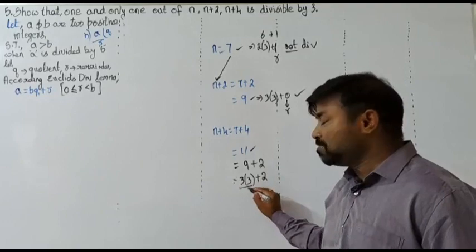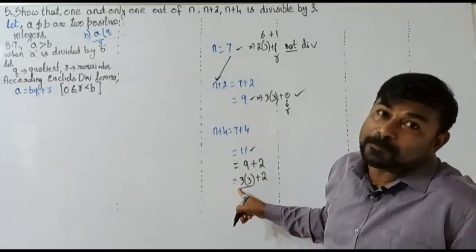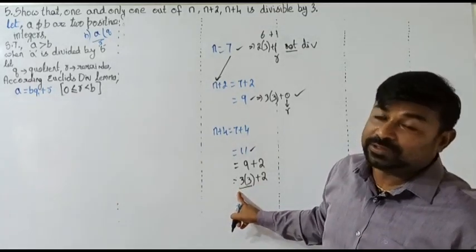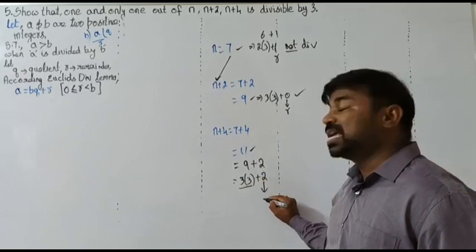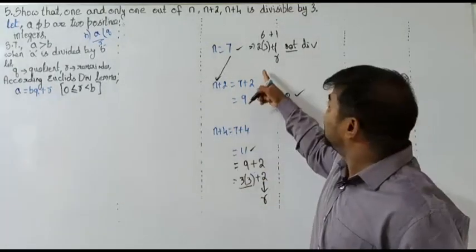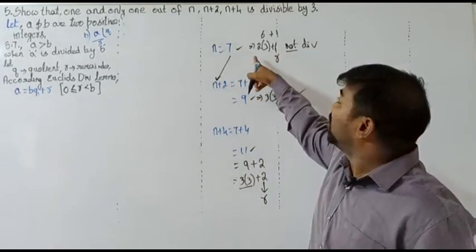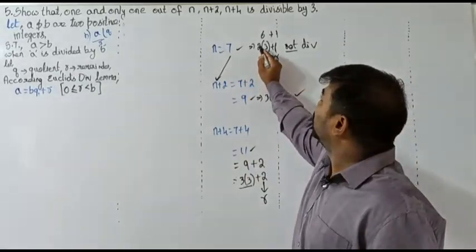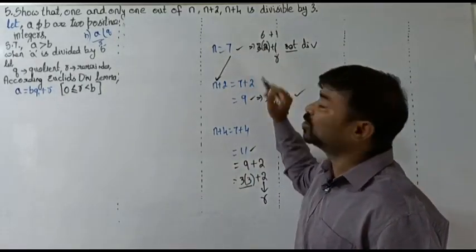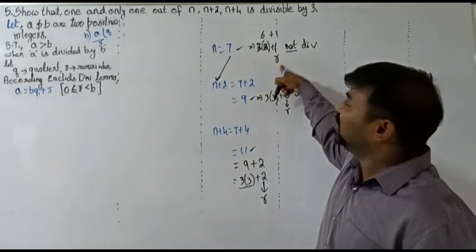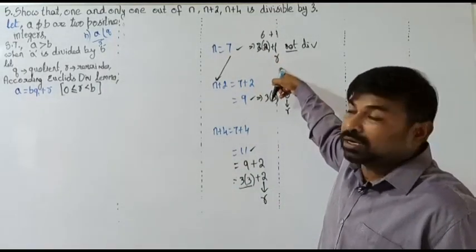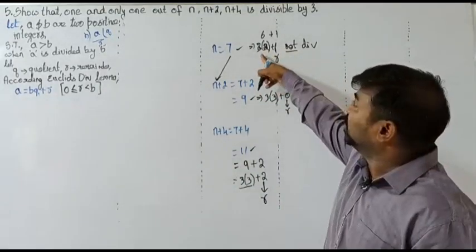Yes. This is a multiple of 3, means it's divisible by 3, whereas 2 is the remainder. Here we are getting remainder 1 when divided by 3. So here we are getting the remainder 1, therefore it is not divisible by 3.